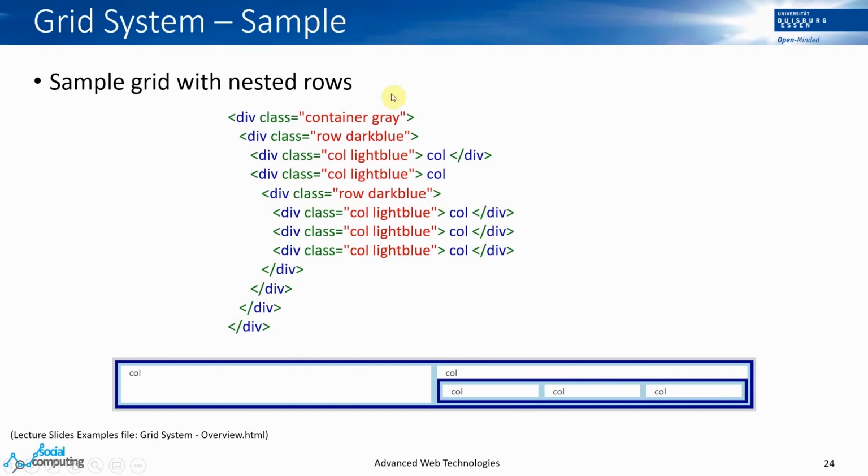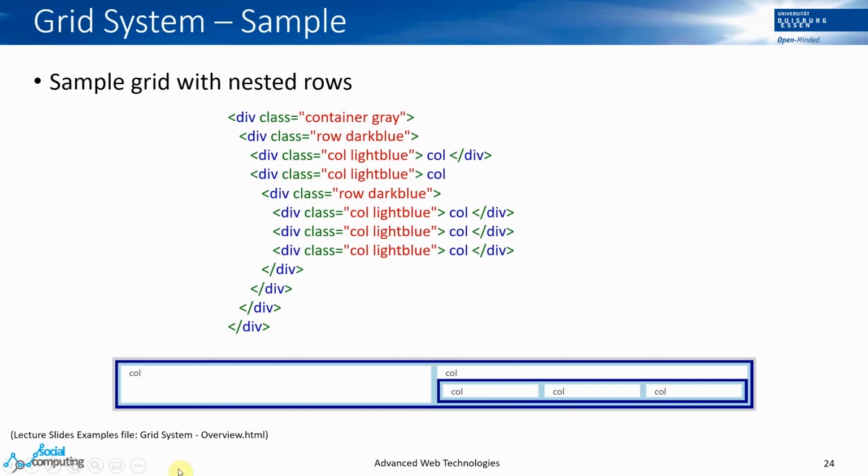Then the first row contains two columns, and the second column contains a row which contains three further columns. So as you can see, this is how a nested grid will look.